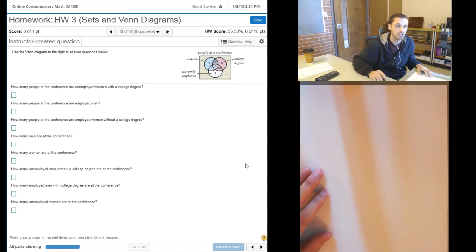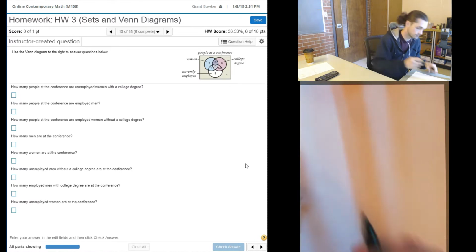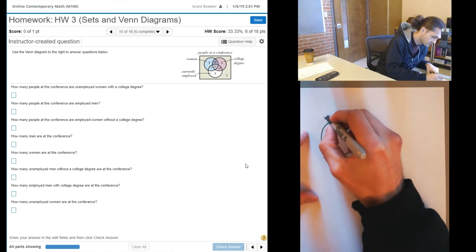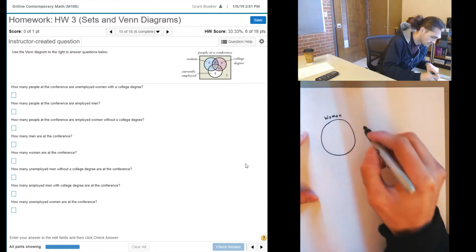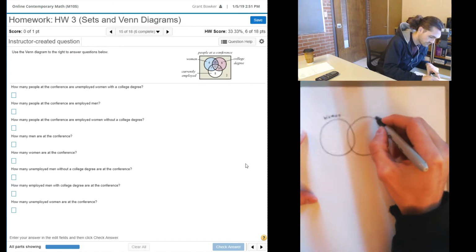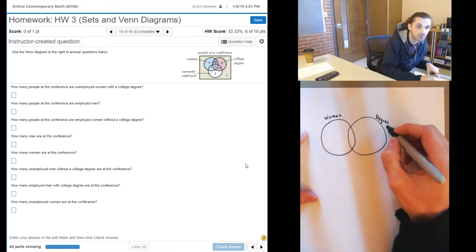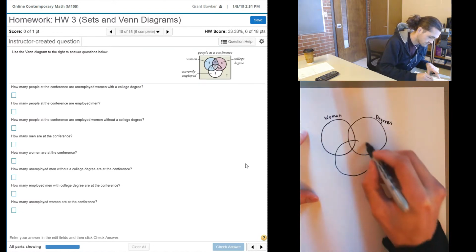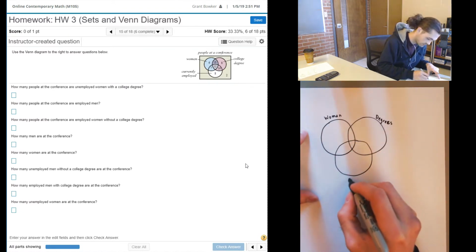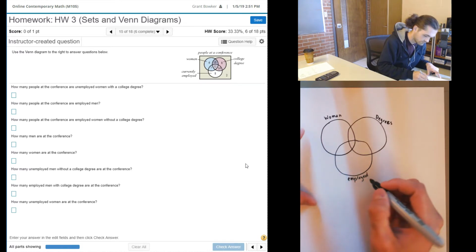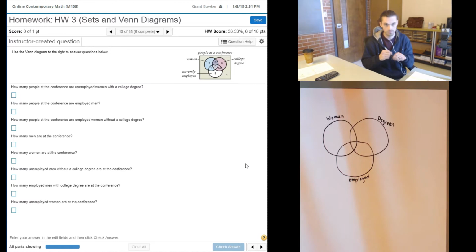So, we have a set of women, college degrees, and currently employed. So, women, degrees, and employed.